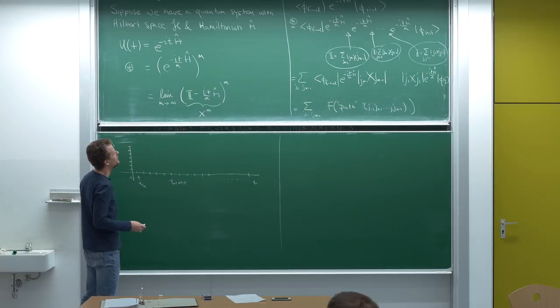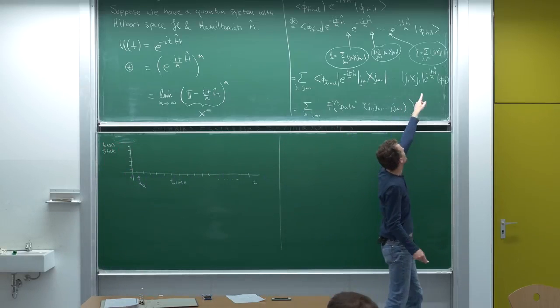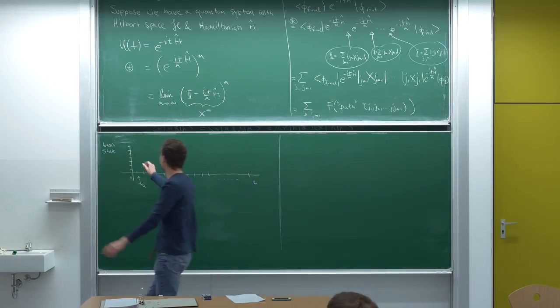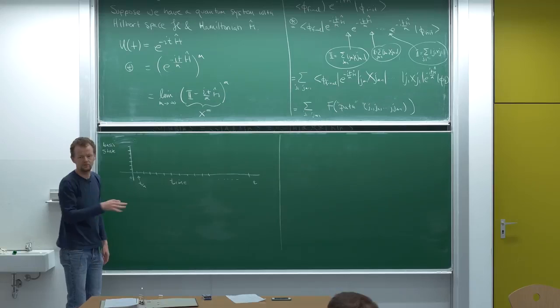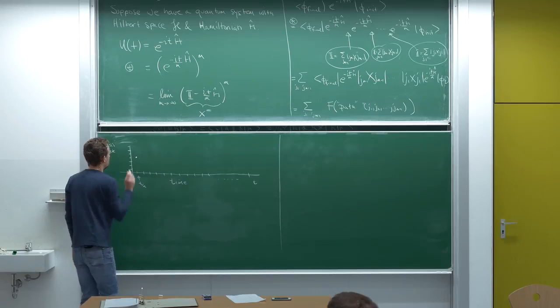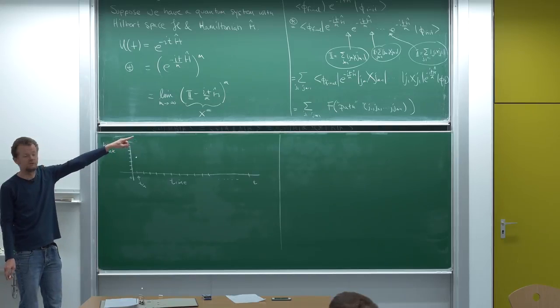And we're going to associate with time t over m the basis vector j1. We're going to assume that the j's are natural numbers for the moment. So maybe it's here, right? At time t over m, I'm going to put a dot corresponding to the value of j1.